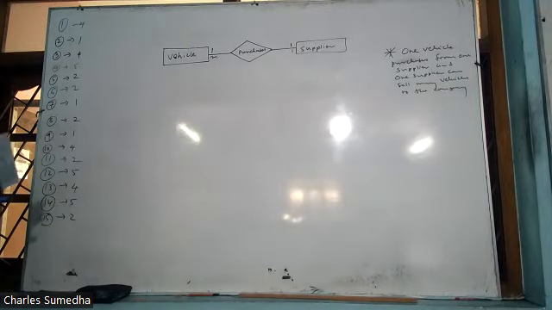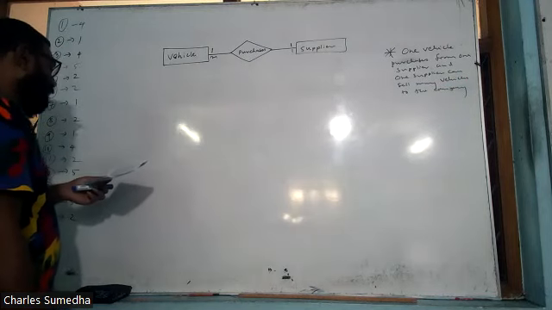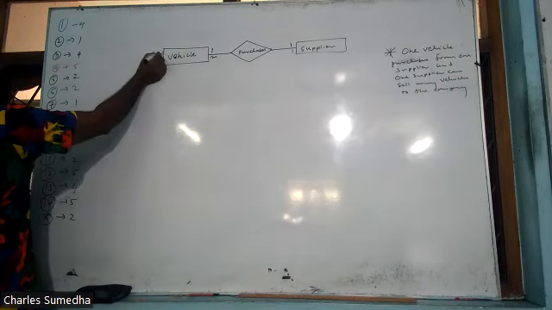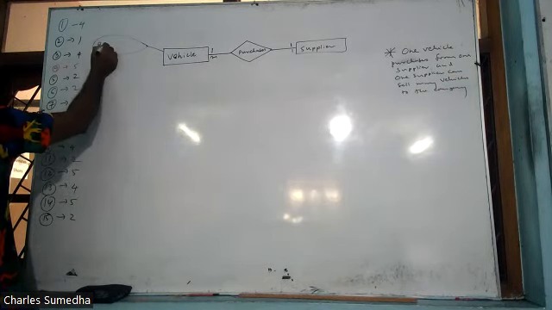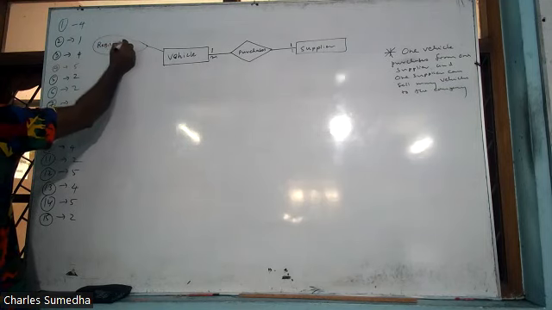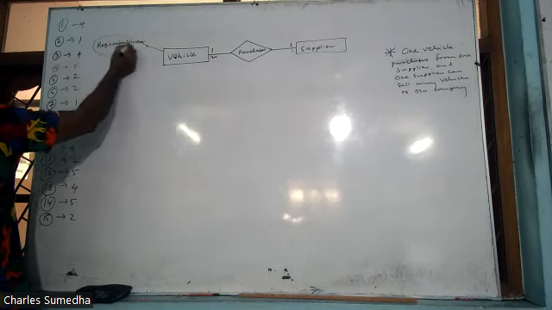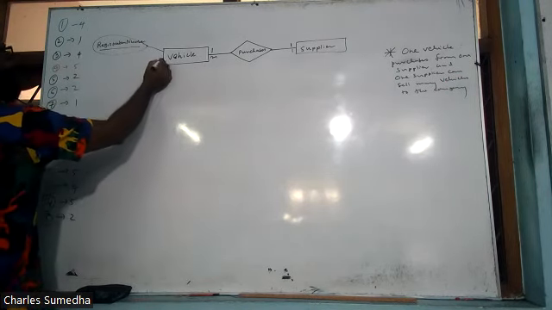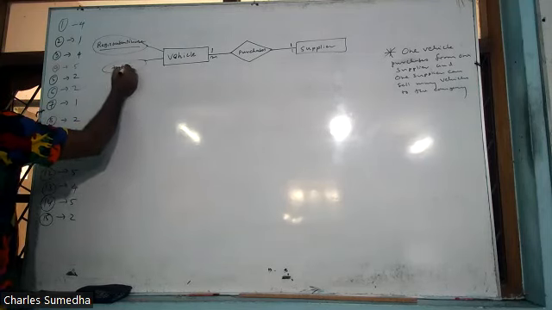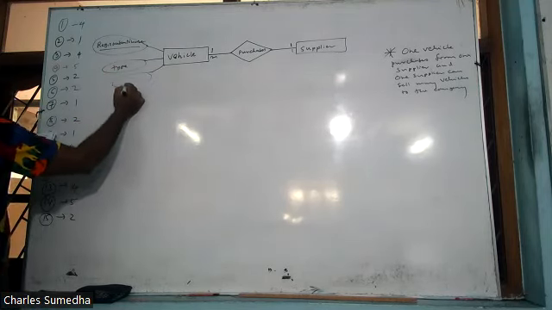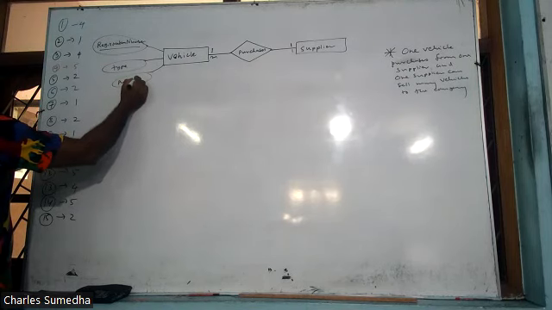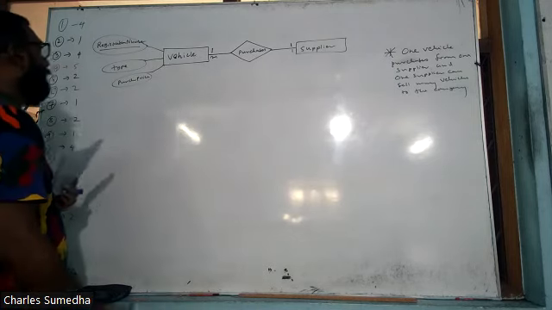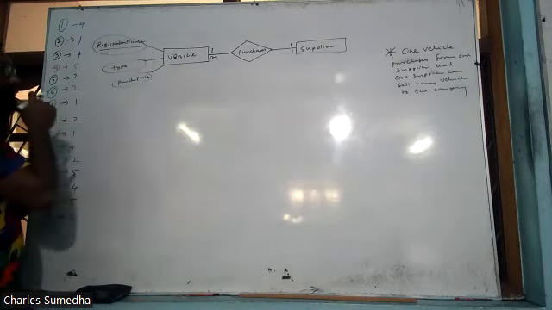Right. Then what have they done? When purchasing the vehicle, they have given the registration number. With the registration number, you can identify the vehicle. Then the time as well as the purchase price will be recorded. So vehicle registration number, time, and purchase price will be there.